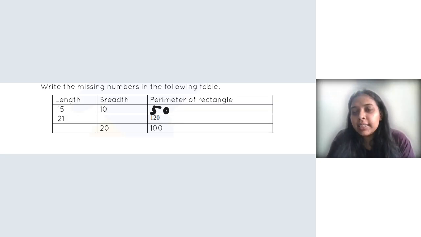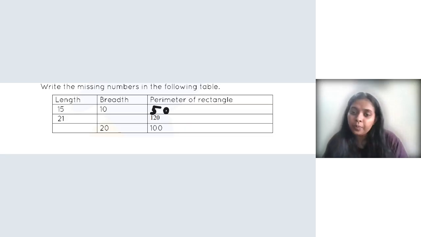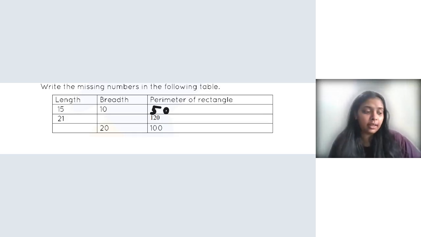How did you get 29? Tell me what you did. I did 21 into 2, then I subtracted it from 120. Then I got 78 and divided it by 2. So when you divide 78 by 2, you'll not get 29.